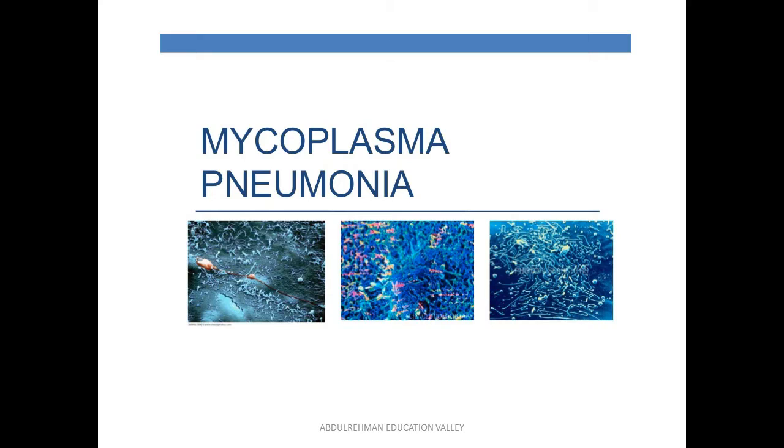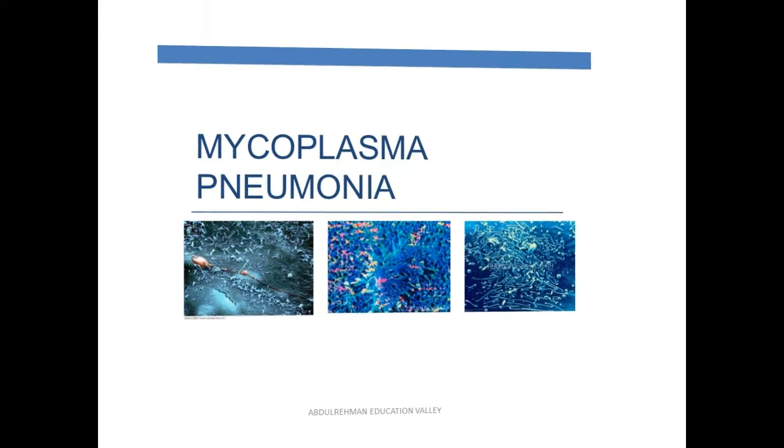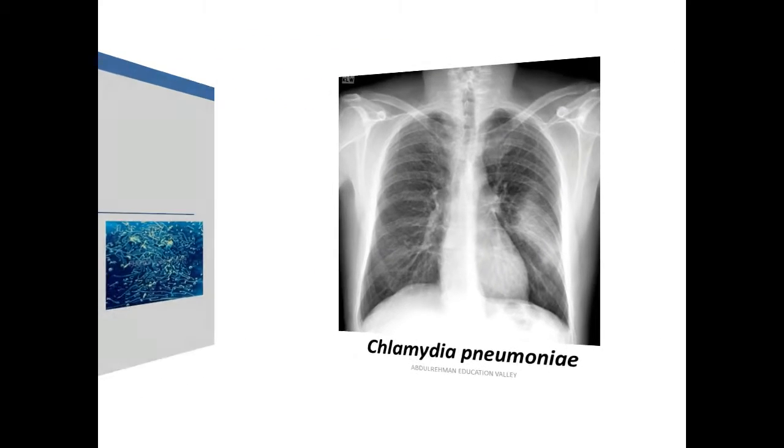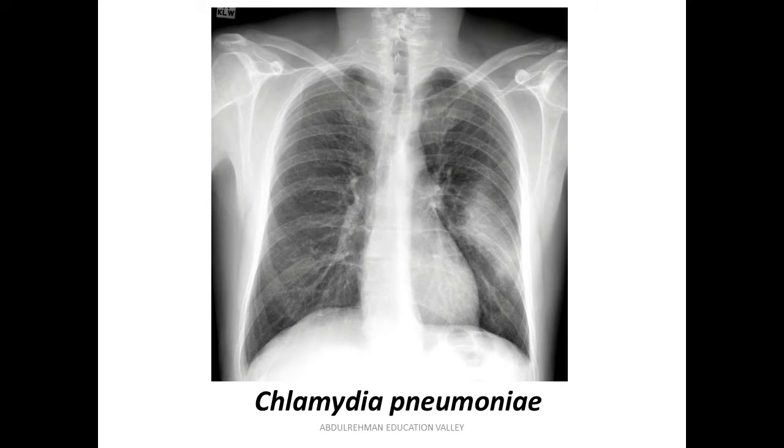Mycoplasma pneumoniae is sensitive to the tetracyclines, which shorten the duration of the clinical manifestations in atypical pneumonia. Pneumonia, bronchitis, and sinusitis caused by Chlamydia pneumoniae respond to tetracycline therapy. The tetracyclines are also of value in psittacosis.